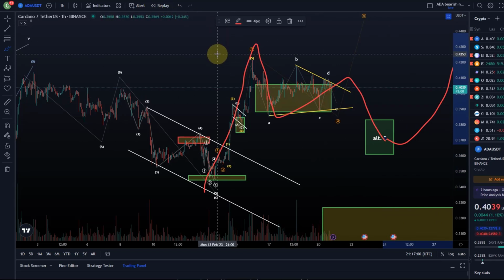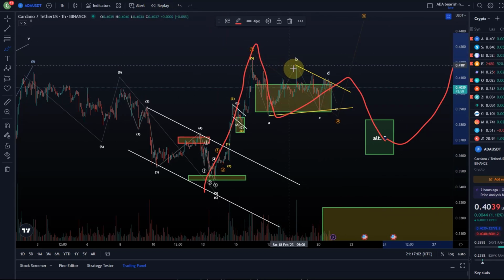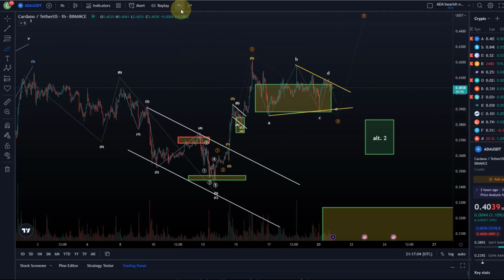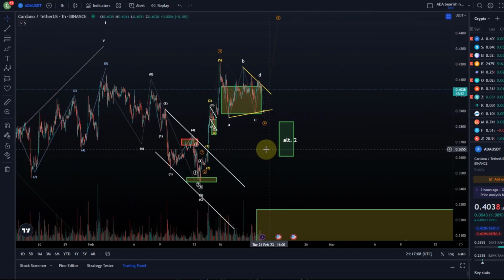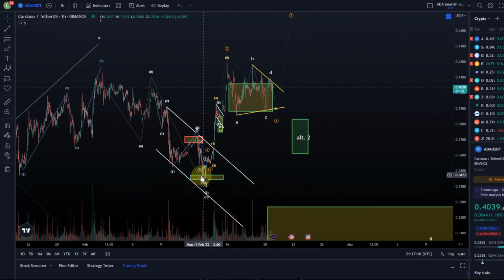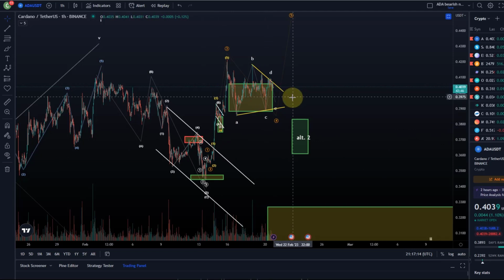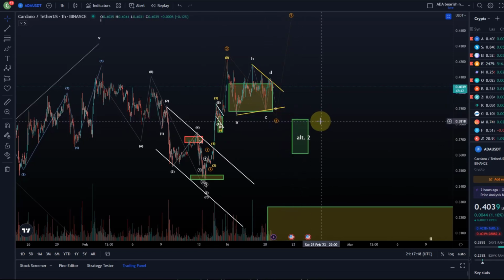This is the next most likely scenario in my opinion. Otherwise not really any change. Anybody who's entered here, you could think about taking some partial profits or maybe just move up your stop loss. Otherwise there is not much more to do.